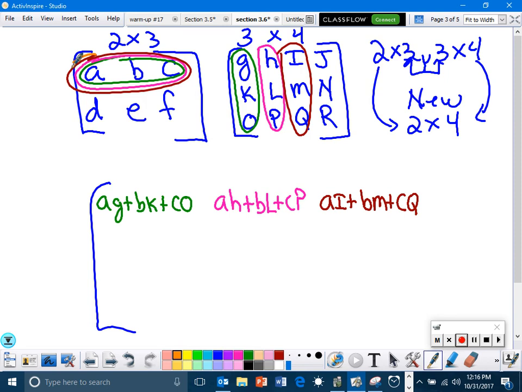Again, first row, fourth column. I got to squeeze this in. A times J plus B times N plus C times R. And then that's where I would close that out. So you can see there is the first row.